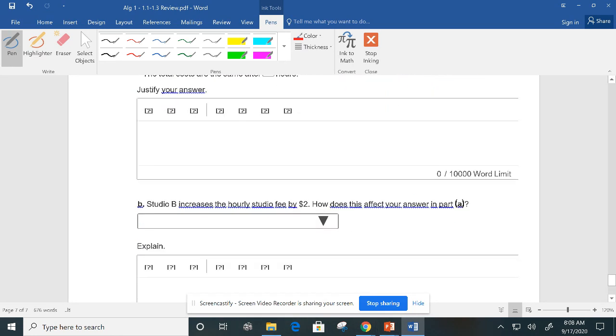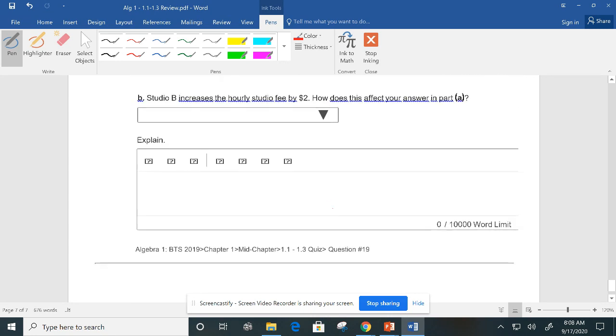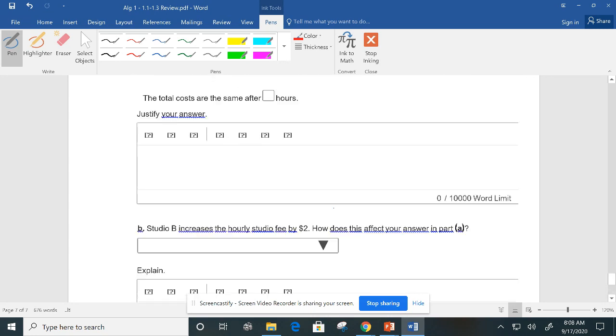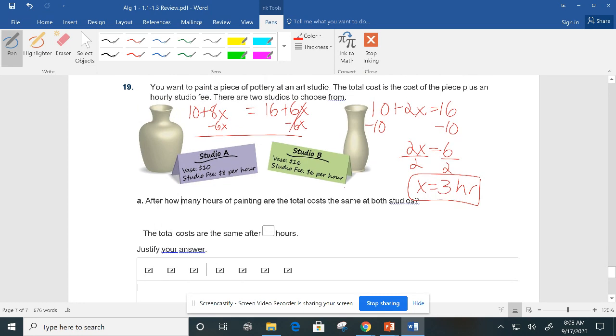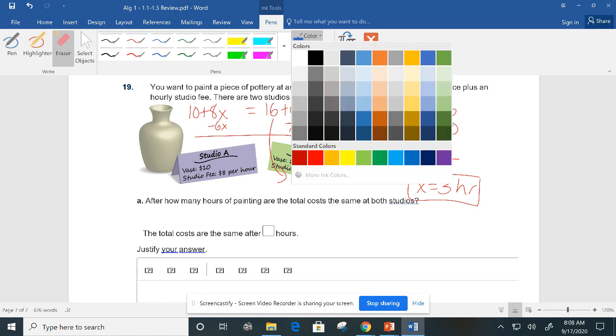Studio B increased the hourly studio fee by 2 dollars. How does that change your answer in A? So in part B, okay, they're changing their equation from 16 plus 6x to 16 plus 8x.